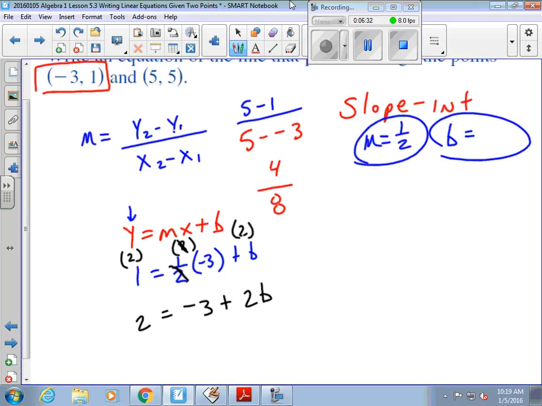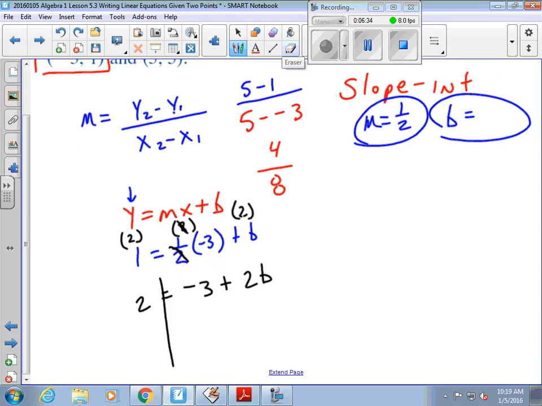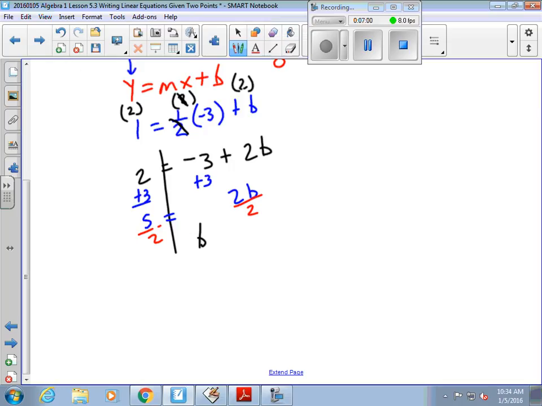In order to get b by itself, undo minus 3 by adding 3 to both sides. So 2 plus 3 is 5, is equal to 2b, and then to get b by itself, you divide by 2. When you do it to one side, you do it to the other side. Therefore, b's value is 5 over 2.